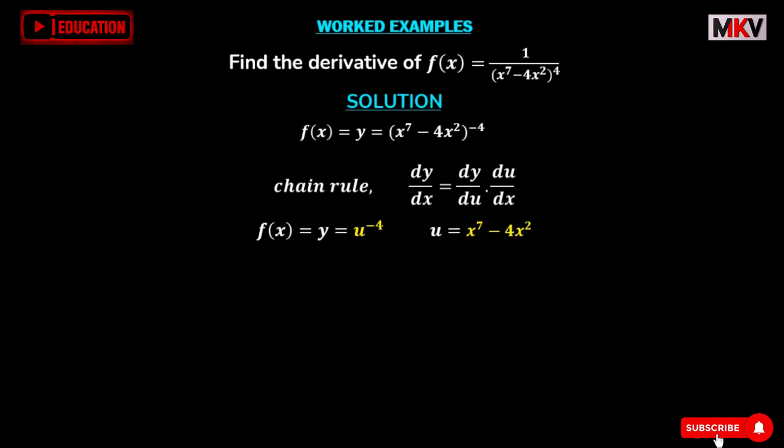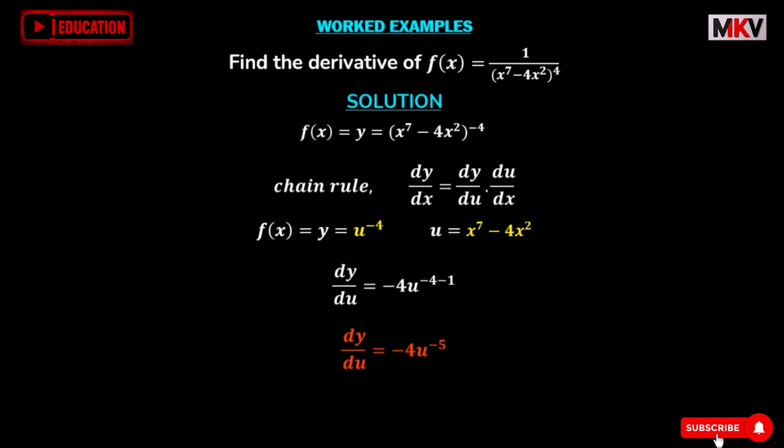So now let's find their corresponding derivatives. Finding dy/du, we are getting minus 4u to the power minus 5. So you subtract 1 from minus 4. Then minus 4 becomes the coefficient of u. So that leaves dy/du to be equal to minus 4u to the power minus 5.